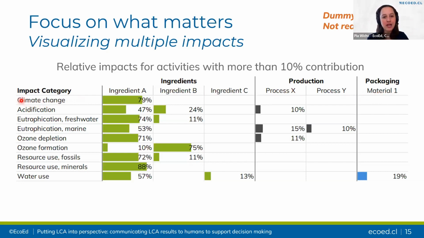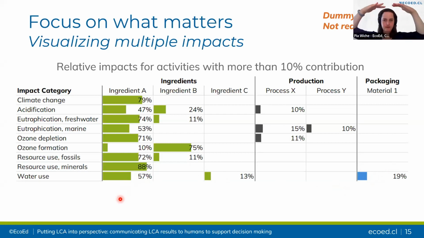So if I want to manage climate change, I'm going to focus on ingredient A. It's giving me 79% of the impacts to climate change. If I want to focus on water use, I'm probably going to also focus on ingredient A, but I could also do something about packaging material 1. So this is a very simple way.